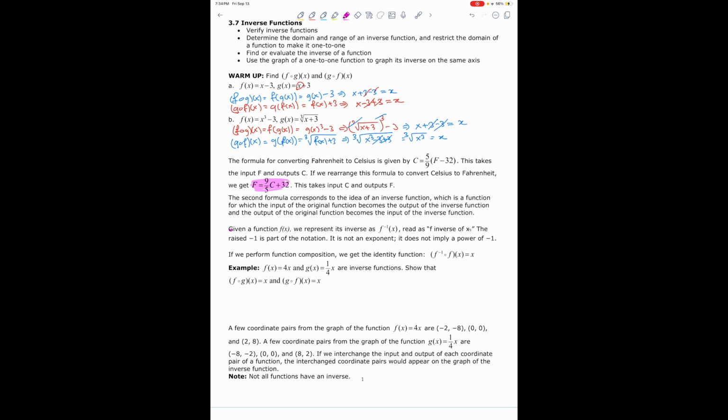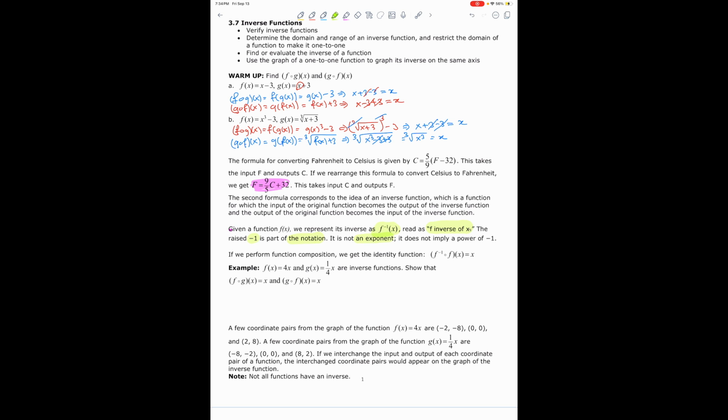Given a function f of x, we represent its inverse as f inverse of x. So we represent it in this notation, and this is an inverse. It is not a power of -1. The -1 here is part of the notation, and it's not an exponent.